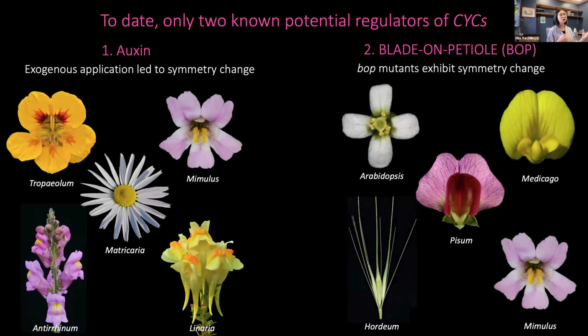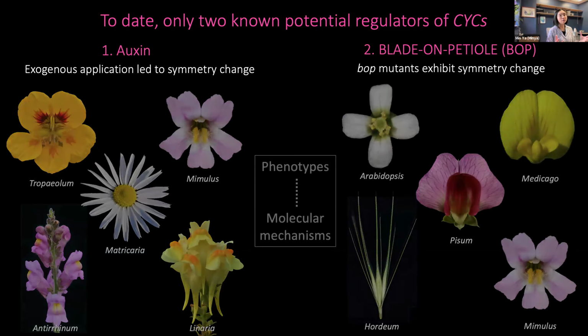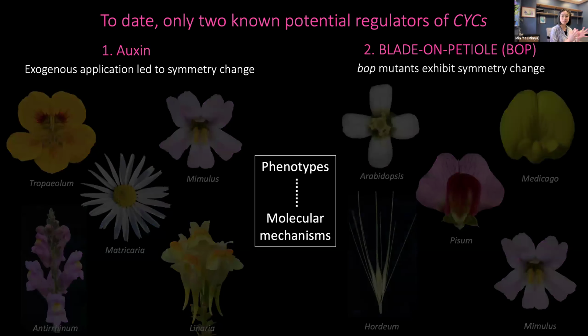So either the auxin application or the BOP mutants, the phenotypes clearly indicate that those two factors are involved in the regulation of cycloidea genes. But how that involvement is implemented at a molecular level is not known, because we're all facing the common bottleneck that phenotypic effects can be really hard to translate into molecular mechanisms.